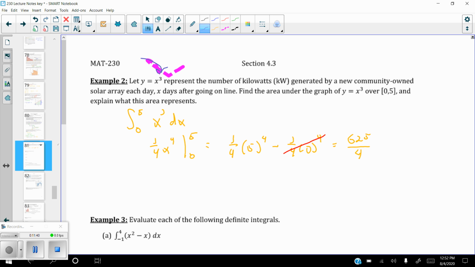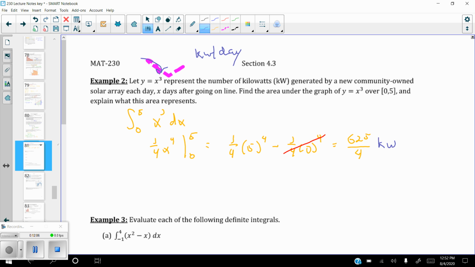All right, so I apologize about all that. That thing right there is in kilowatts per day. When I take the antiderivative of this, it now just goes back to an accumulation of the original, which was the number of kilowatts. So this is in kilowatts. And what I have done, remember that an integral says we're going to add up a bunch of things.